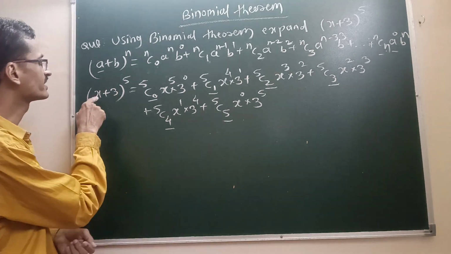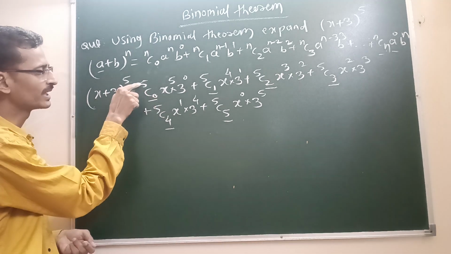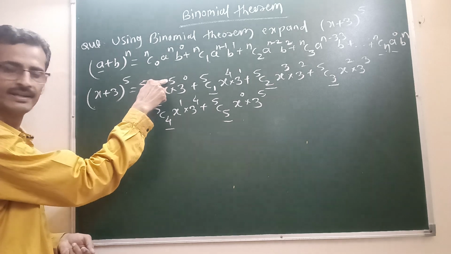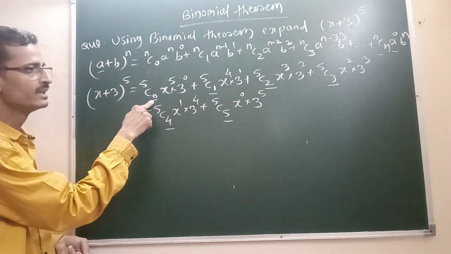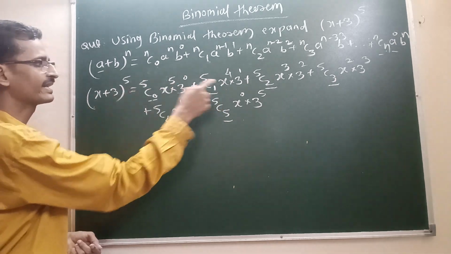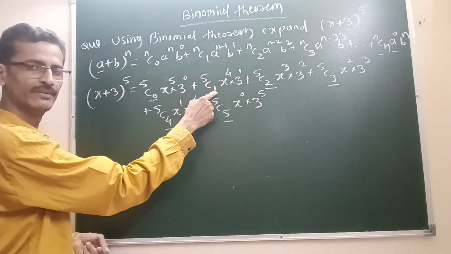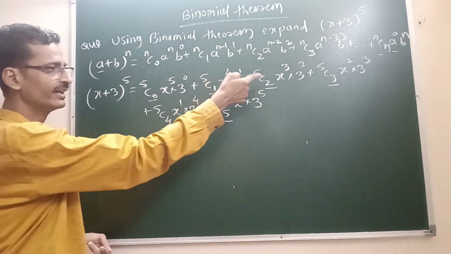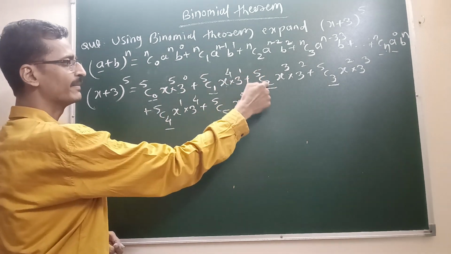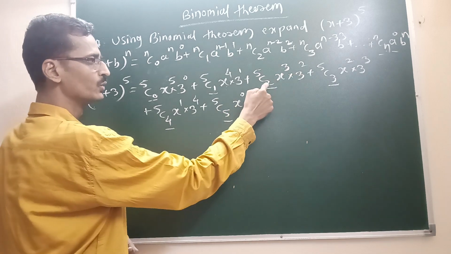Now first a, that is x, raised to 5 minus 0, 5, and second b, that is 3, raised to 0. Same here, first x raised to 5 minus 1, 4, and 3 raised to 1. In the third, x raised to 5 minus 2, 3, and 3 raised to 2.